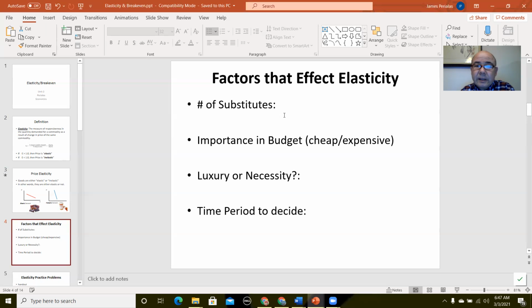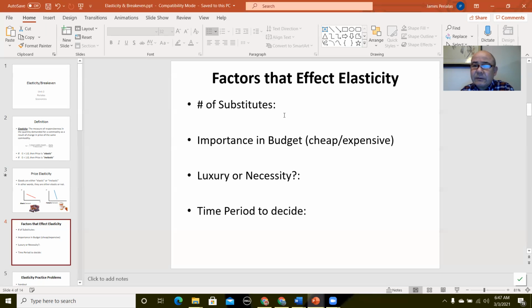So again, candy or pop, if Coke or some other type of soft drink that you enjoy is raising its prices, then it will not enjoy losing a lot of customers. There are lots of substitutes: lemonades, teas, energy drinks.